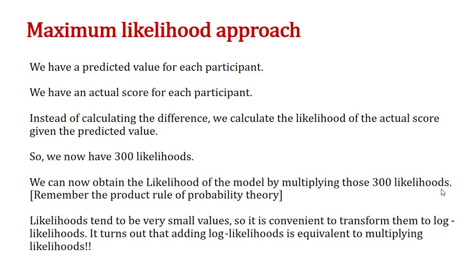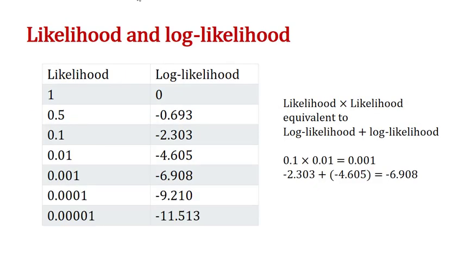But the good feature is that adding log likelihoods is equivalent to multiplying likelihoods. So instead of using multiplication, you use addition. So it's a bit simpler to deal with. I'm going to show you examples of likelihood.